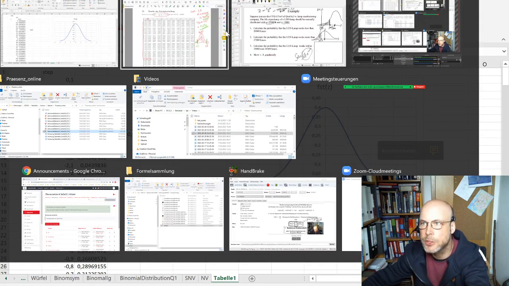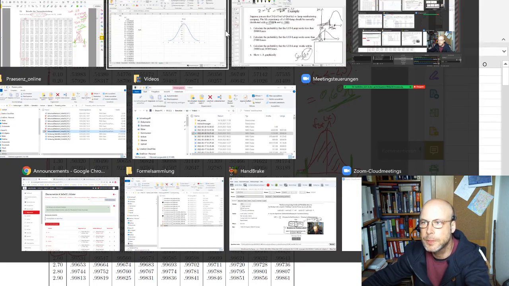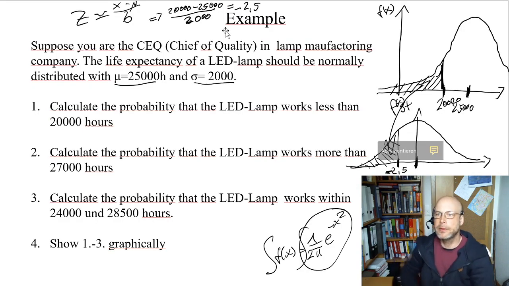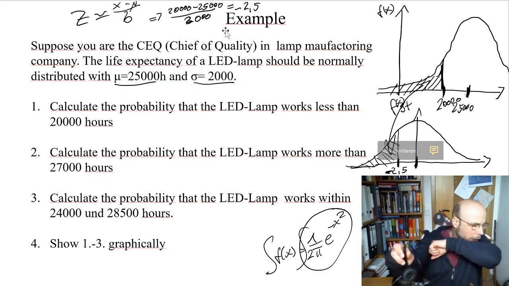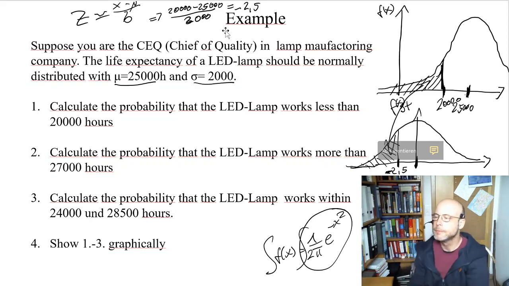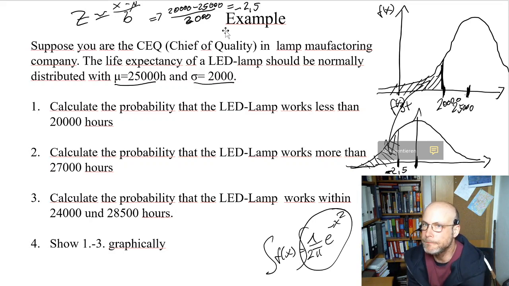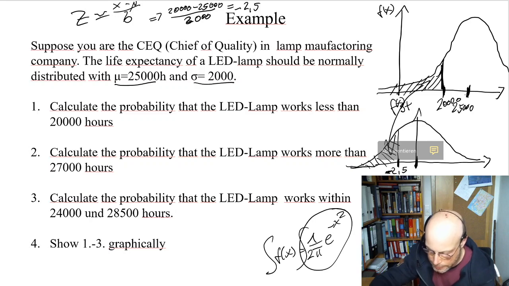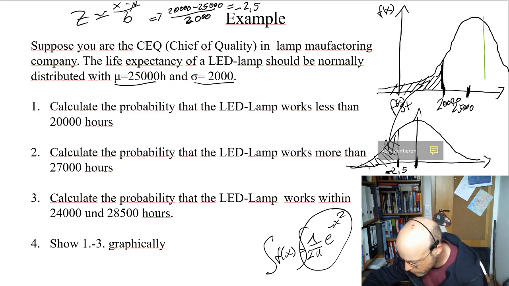So, two other questions. Calculate the probability that the LED lamp works more than 27,000 hours. How do we do this? In this case, we just want to know the probability.